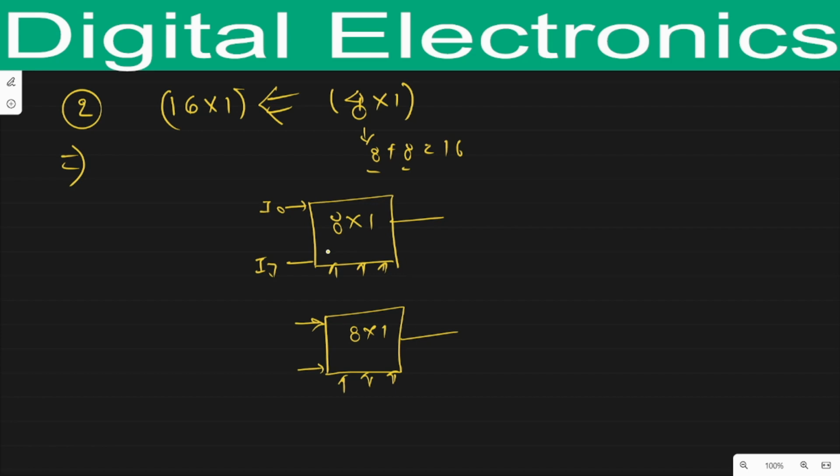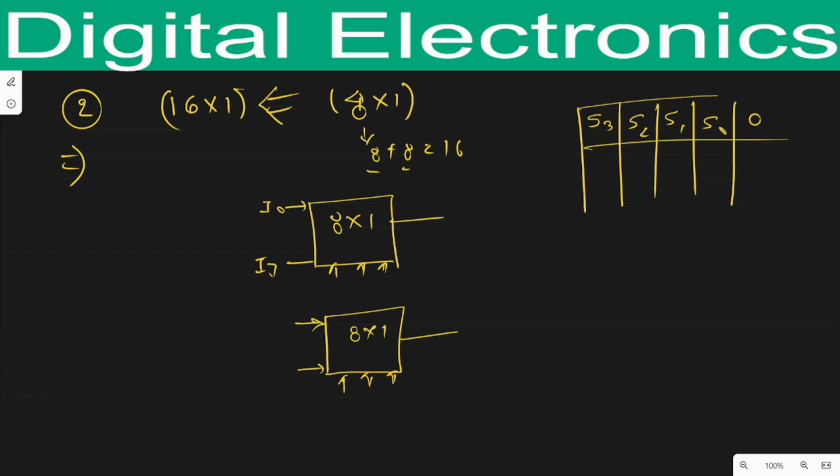Okay, now the truth table of 16 cross 1 mux. Suppose I am taking the selection lines as S3, S2, S1 and S0, and accordingly the output will be O. When the selection line value is 0, we will get output I0.